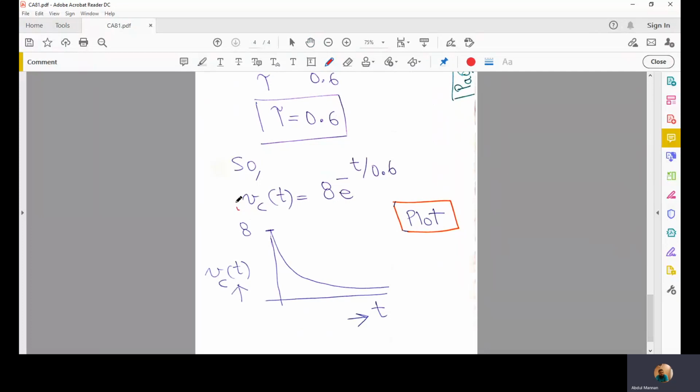So the expression becomes Vc of t is 8 e to the minus t over 0.6.